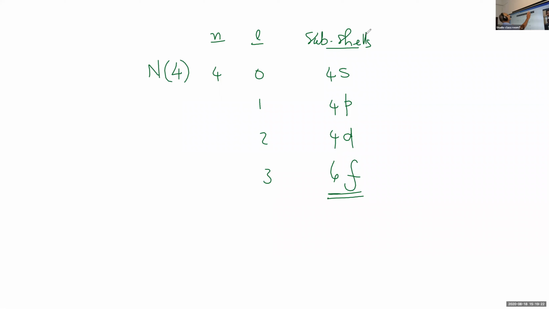Let us take the next one. Say K, L, M, N, O. O, that is the fifth shell. So n is equal to 5. l values, 5 values are possible, starting from 0, ending with n minus 1.